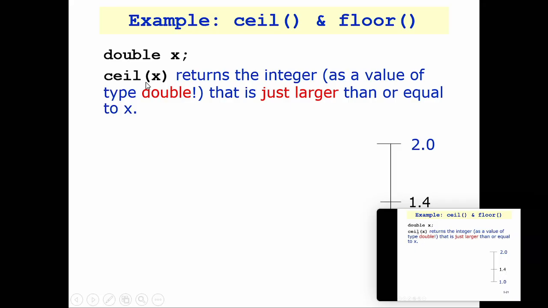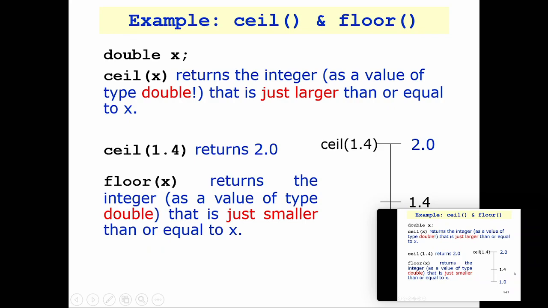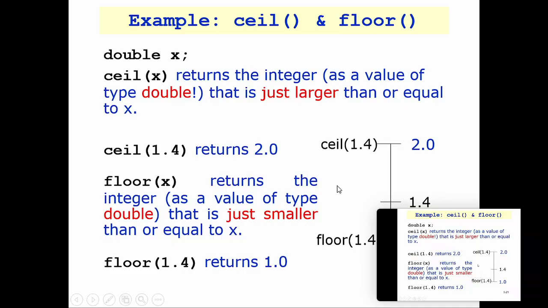Then ceil(x) is going to be 2.0, and floor(1.4) is going to be 1. So this is rounding up and rounding down. But these two functions don't return an integer value. They still return a floating point number, 2.0, 1.0.